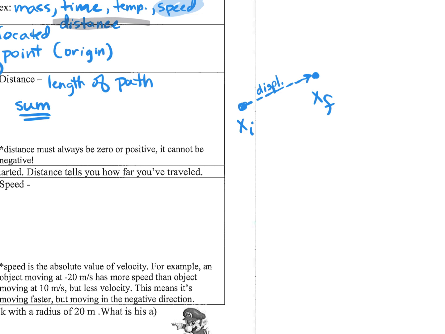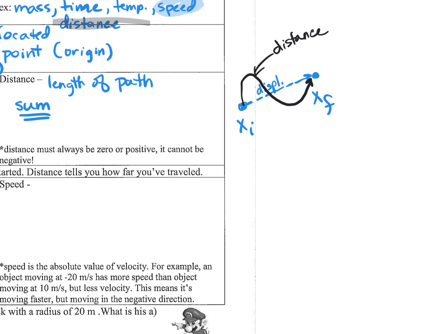However, that's my actual distance. If my path was actually the black line, if you measured all the different lengths of that path, that would be my distance. However, my displacement would simply be where did I start versus where did I end. So do you see the difference between the two?